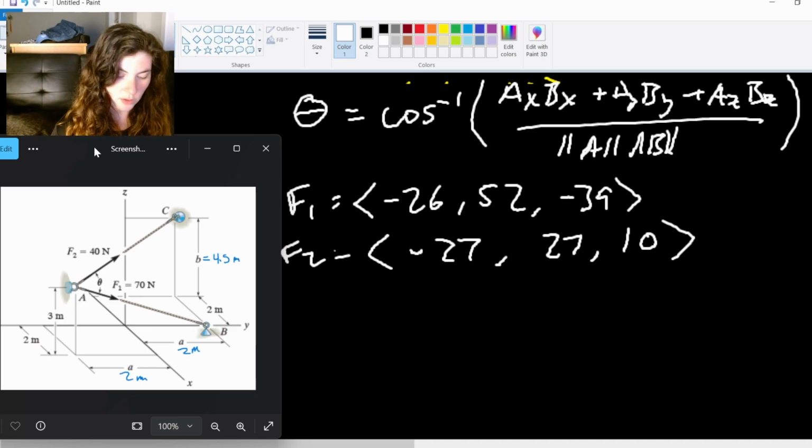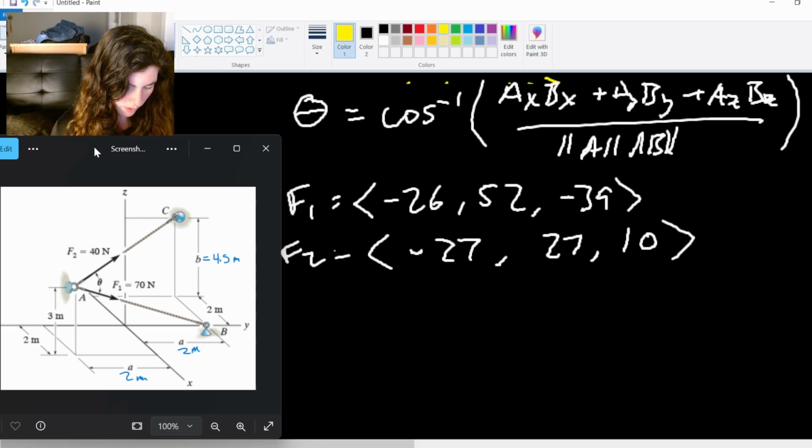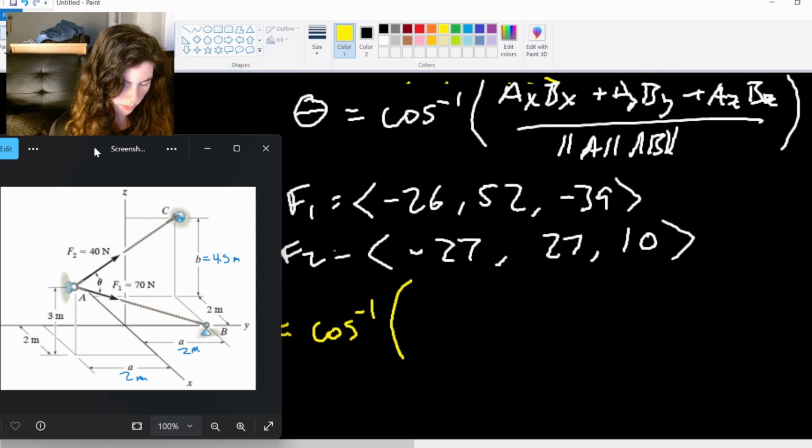So all you'll do now is just plug all of this in. We have everything now. We need to find the angle theta. That was our first objective, right? Find the angle between the two vectors. So we'll have inverse cosine, and then we can just start plugging everything in.